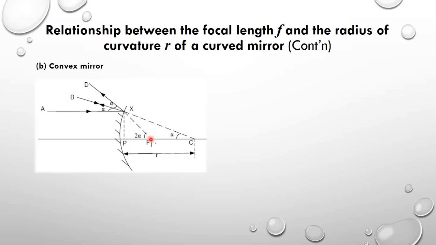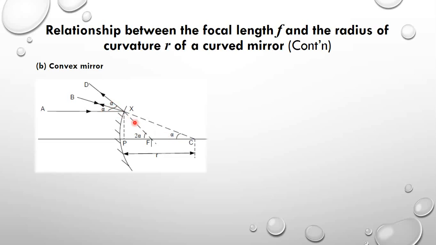If you remember the rules, all rays parallel to the principal axis are always reflected through the principal focus. And so this is still going to be a normal, because as you see, this line is passing through the center, so it is going to be a normal. It is going to meet this surface normally, and that's why even this ray here is going to be reflected along the same path. So if this is the angle of incidence alpha, this is going to be the angle of reflection, alpha.